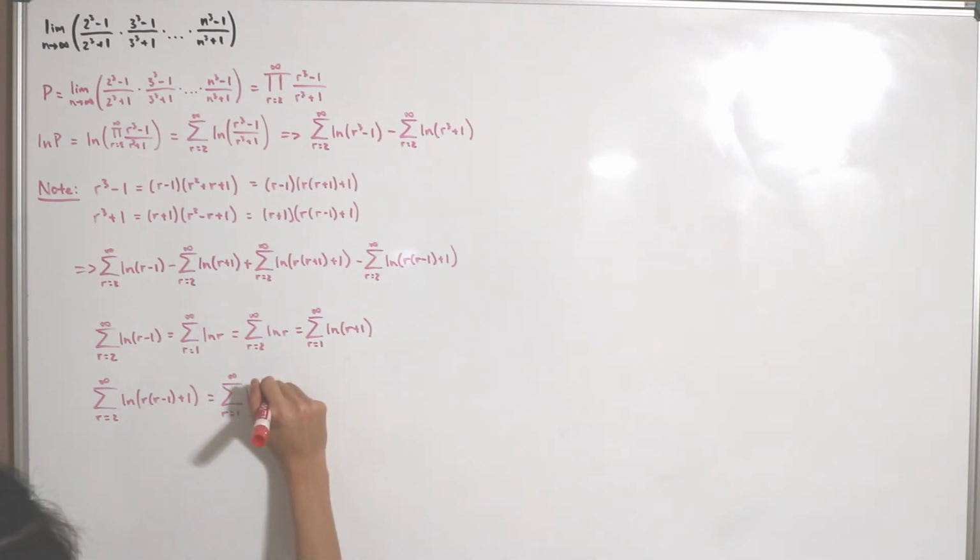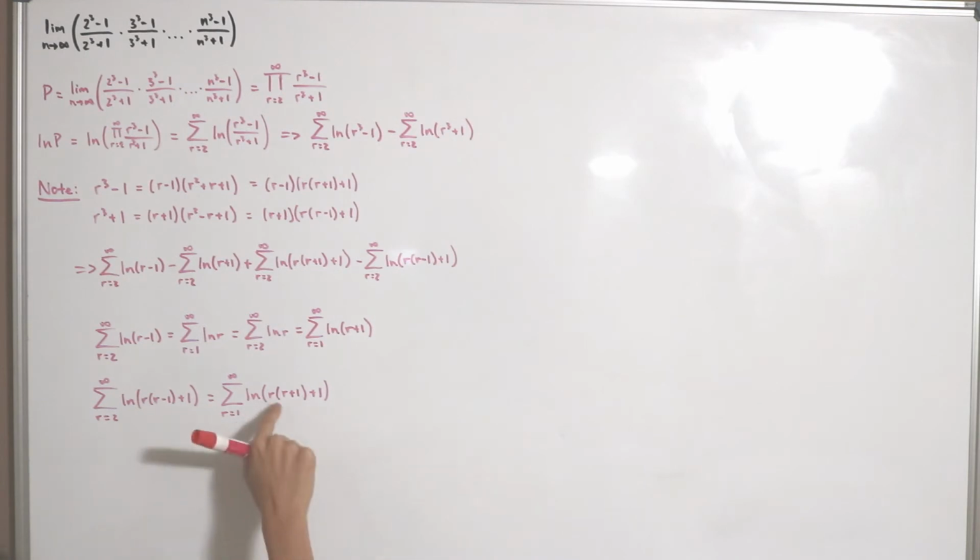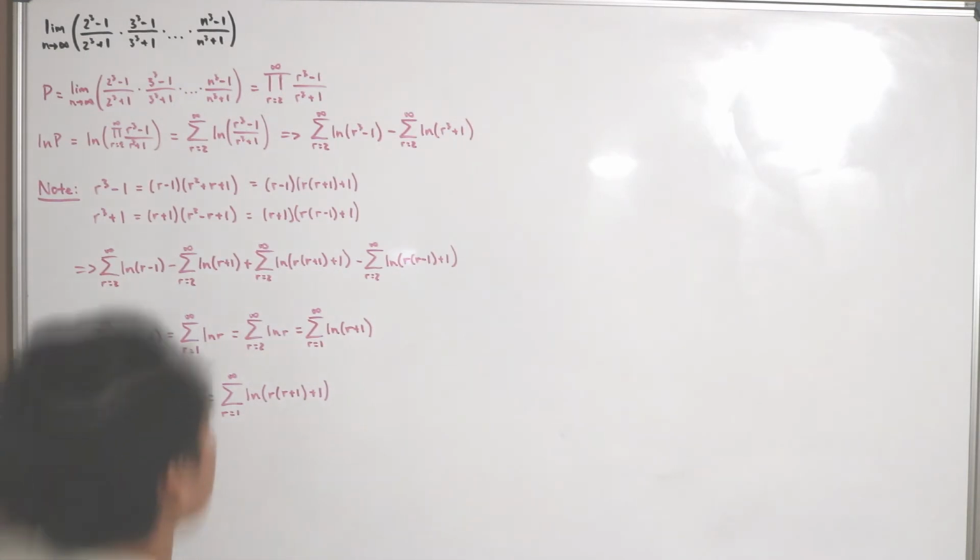So that means this is ln of r, and then r plus 1 plus 1. So yeah, if I plug 1 here, 1 here. Okay, yep. All right, so now we have that.